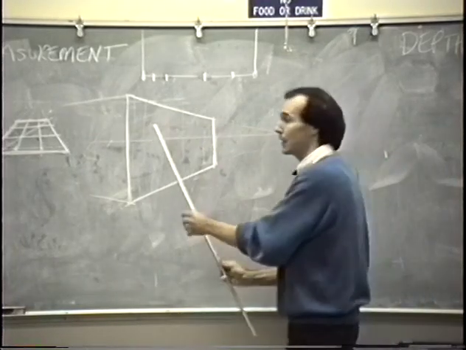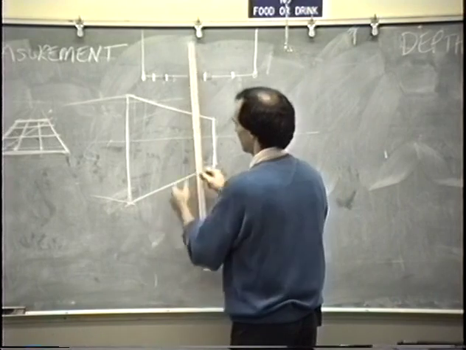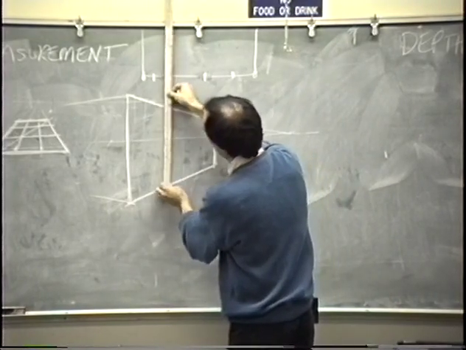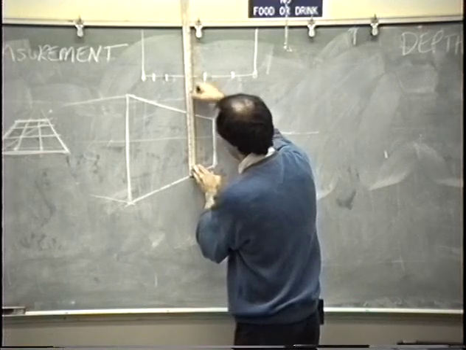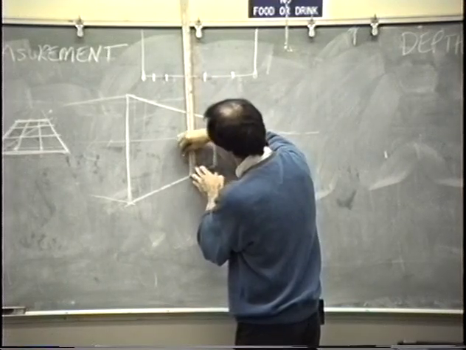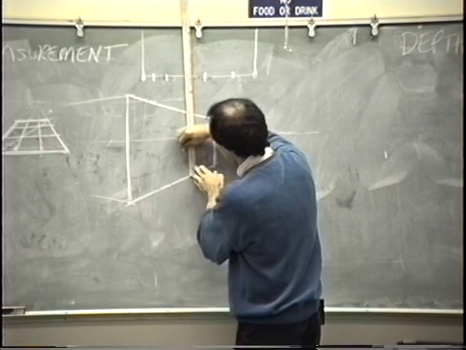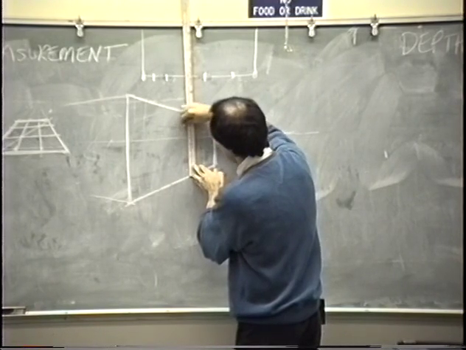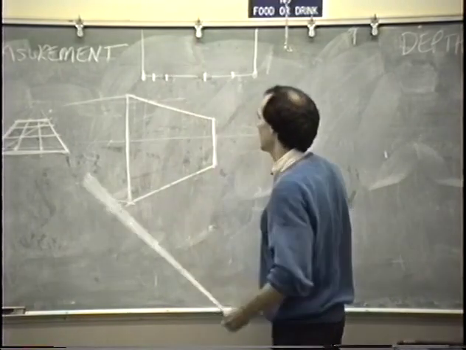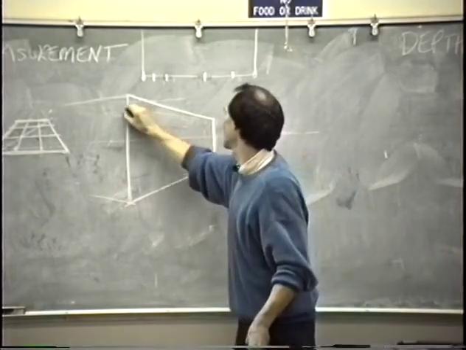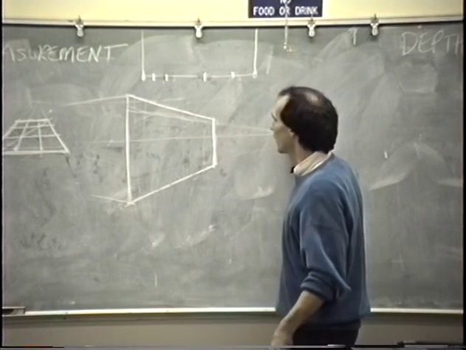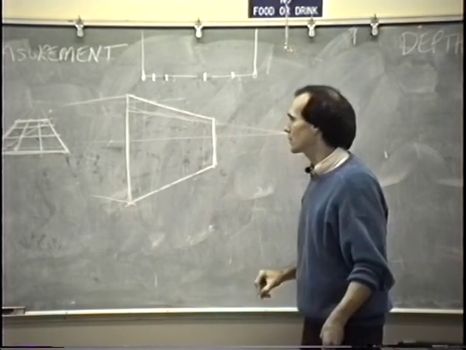But I can divide this into increments of 10 by running this ruler along until I find where it says 10. And then I could just make little tick marks every inch, make equal divisions if I want to. There, I've made 10 equal divisions on that, which will all go back to that vanishing point there. I won't draw them all back because I want to make the point.